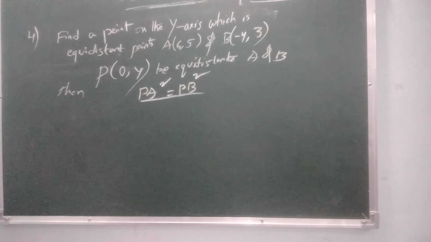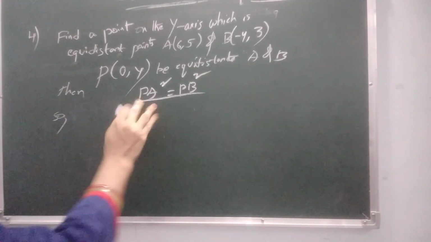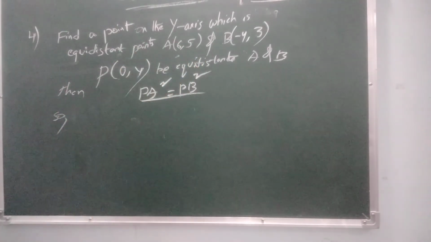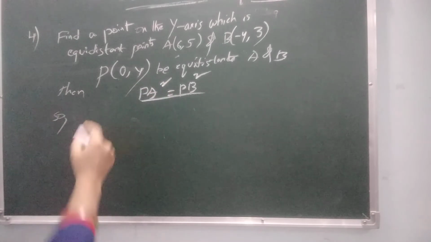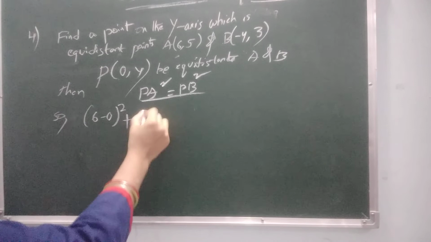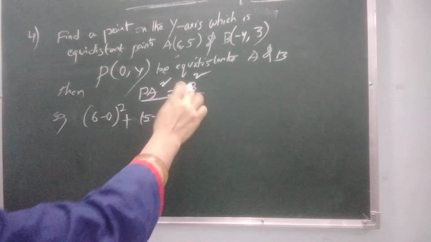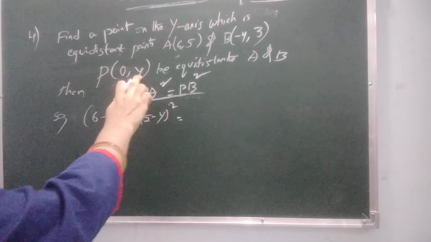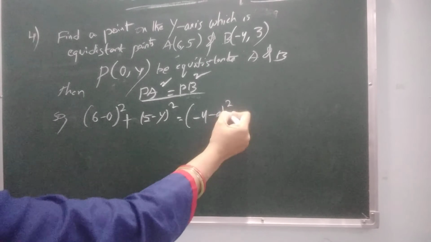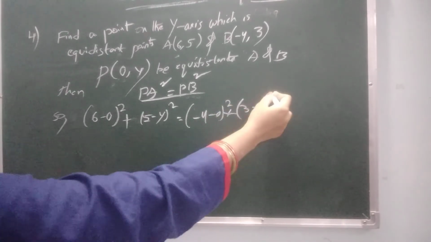So, PA square, use the distance formula for x1, y1 and x2, y2: 6 minus 0 whole square plus 5 minus y whole square equal to PB square, that means x2 minus x1 whole square plus y2 minus y1 whole square.